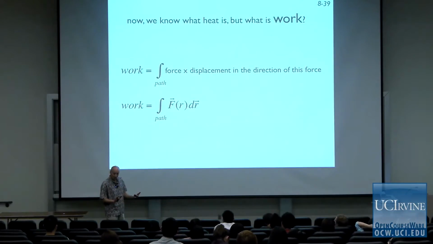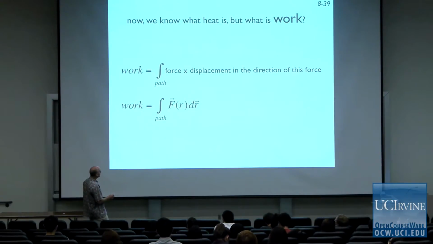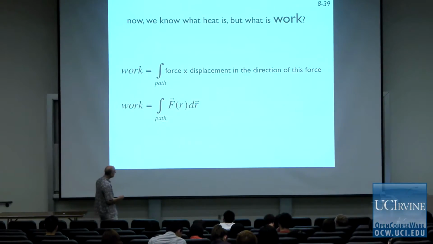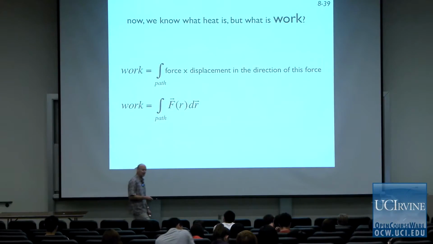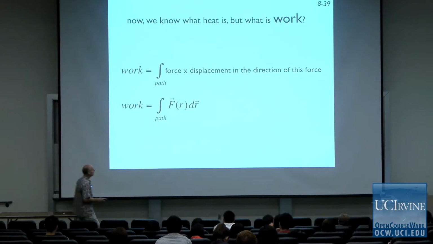There are different kinds of forces that we can think about, but let's just think now about a physical pressure. Technically it's the force, which is a vector quantity, integrated over some path. In general, this work is going to be dependent on the path that we take. Now, that's a very abstract notion. We're going to make it concrete here in a minute. Force times displacement.